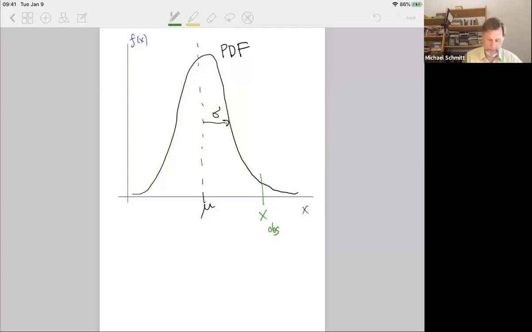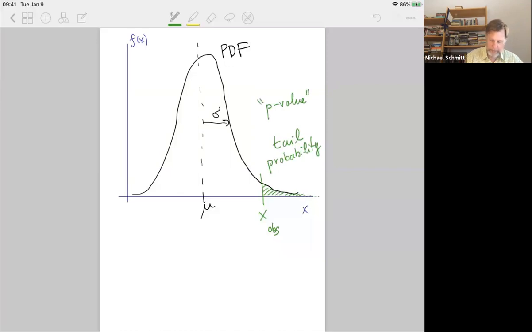The way people answer that question is by saying, the probability to get that value of x or something even more unusual, in this case something higher, any of these values going out to infinity, is the probability of this tail. So this is known as the tail probability.